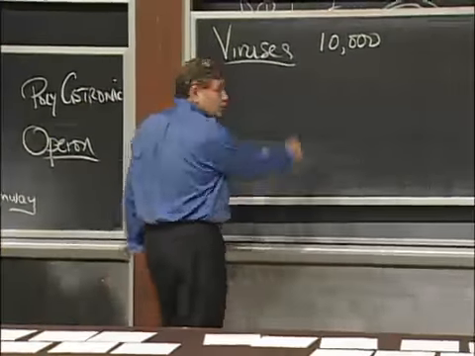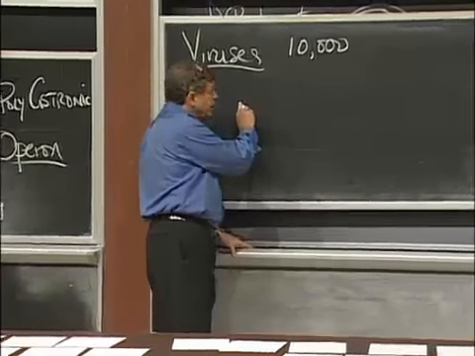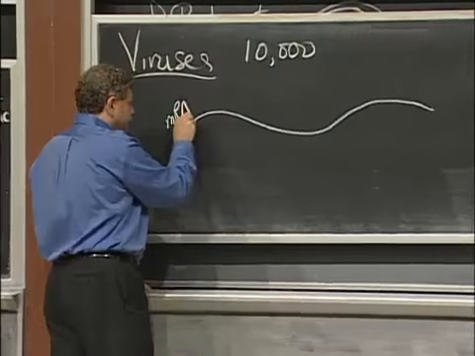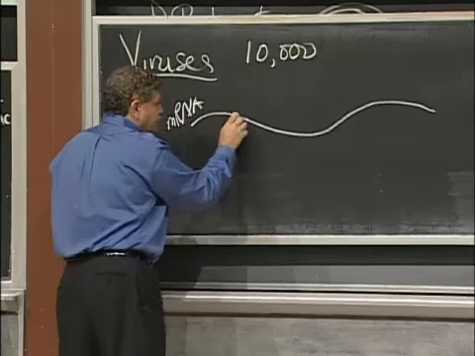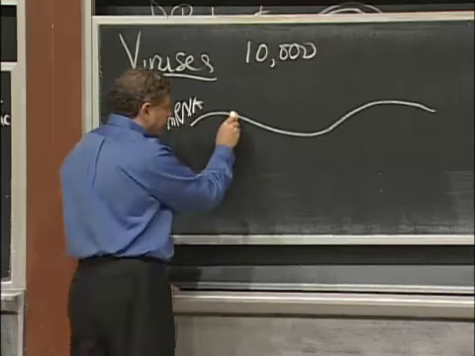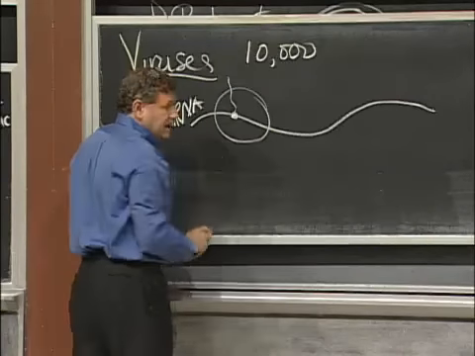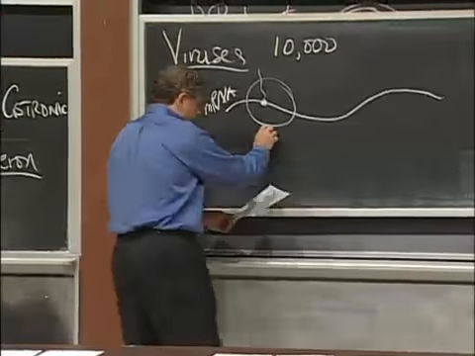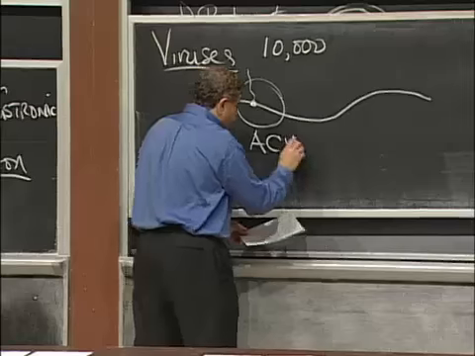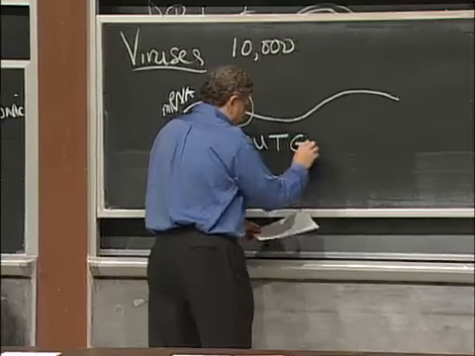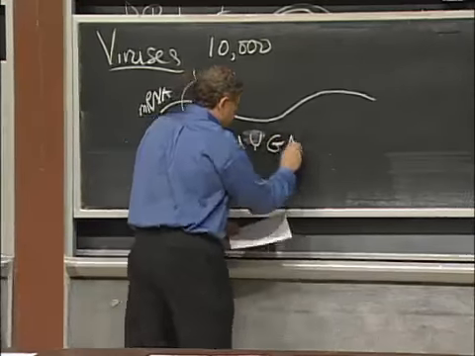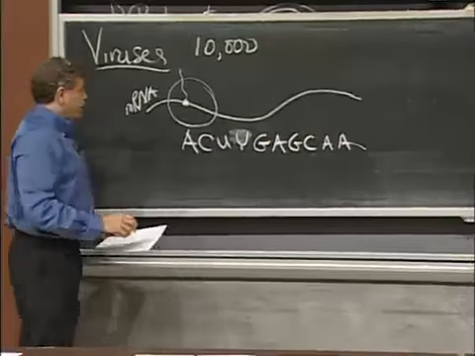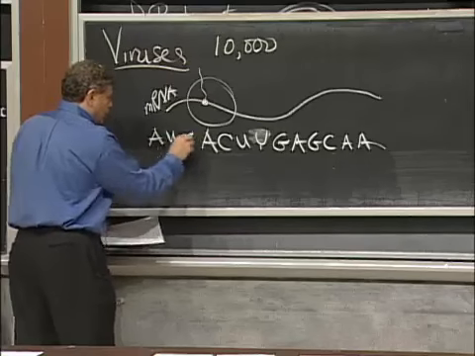So you know what viruses do sometimes? Not all, but some. Some viruses make a messenger RNA. They have a ribosome binding site right here, and they start translating the message. Let's give it a sequence. A, C, U, U, G, U, G, A, G, C, A, and we'll put an A, U, G in front of that.